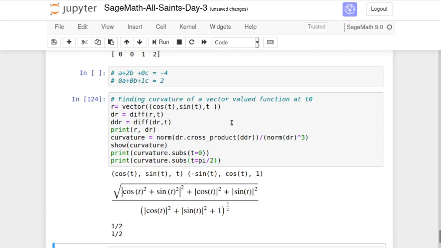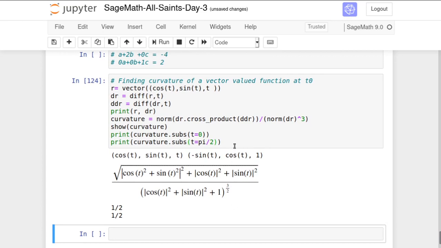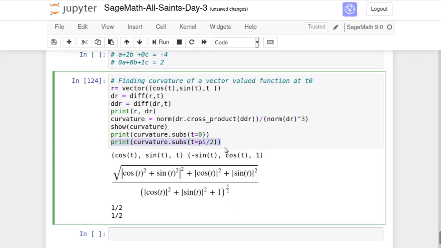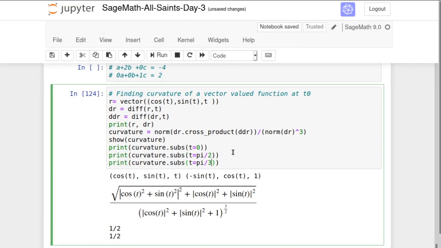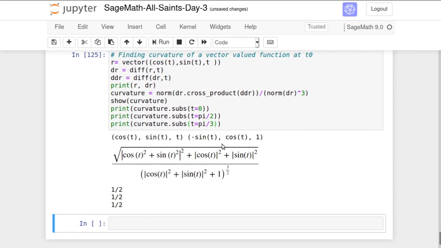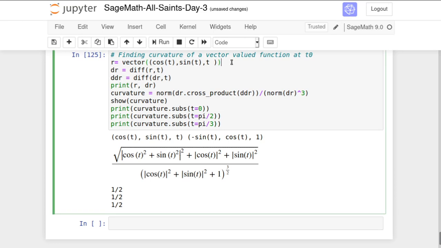So that is equal to 1 by 2. Let us see the curvature once again, t equal to pi by 3. Curvature is again 1 by 2. So can somebody answer why the curvature is turning out to be the same for all these values? Can somebody say why it's like that?